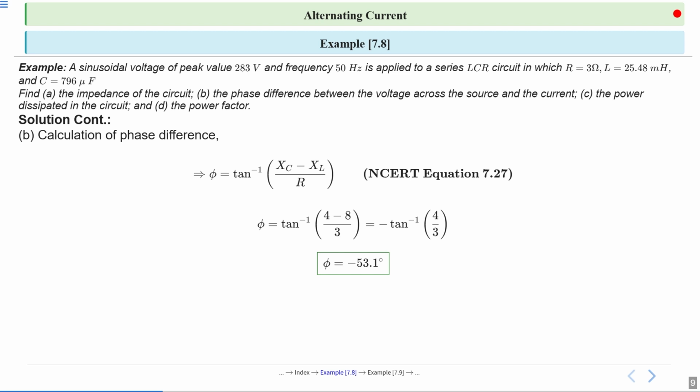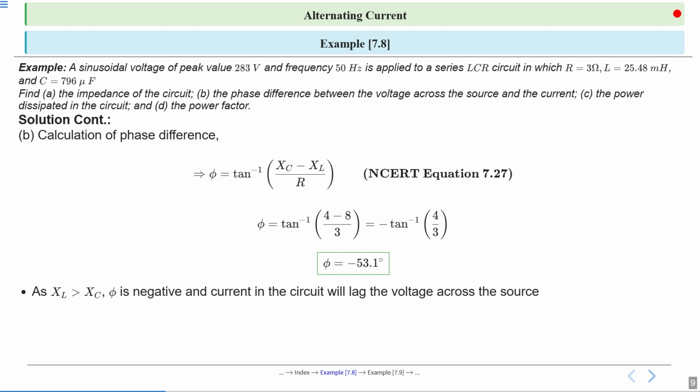You can write 53, that is also a correct option. So phi will be equal to minus 53.1 degree. It is negative, that means current is lagging behind. So phase difference is negative in the case of inductor.